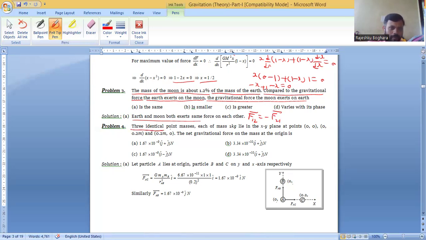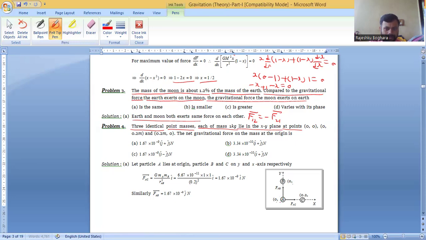3 identical point masses, each of mass 1 kg, lie in the xy plane at points (0, 0), (0.2 meter, 0) and (0, 0.2 meter). Find the net gravitational force on the mass at the origin. How much force acts on this mass?